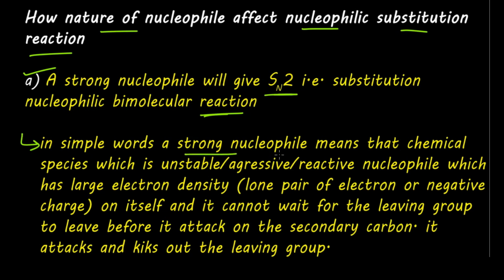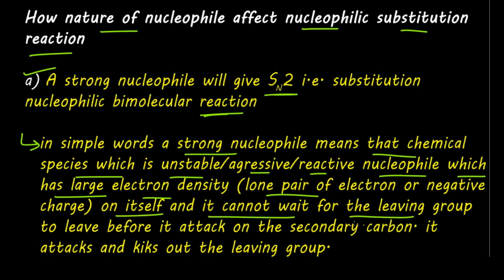In simple words, strong nucleophile means the chemical species which is unstable, aggressive, reactive, which has large electron density on it, that is lone pair of electrons or negative charge on itself. It cannot wait for the leaving group to leave before it attacks the secondary carbon. This whole statement simply means that the strong nucleophile will not wait for the leaving group to leave. It will attack before the leaving group leaves and kicks out the leaving group.